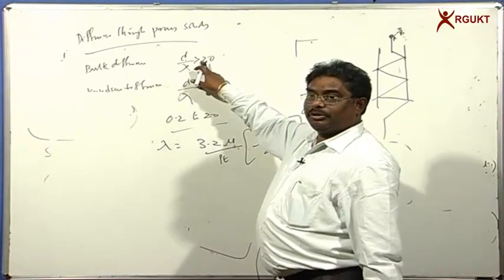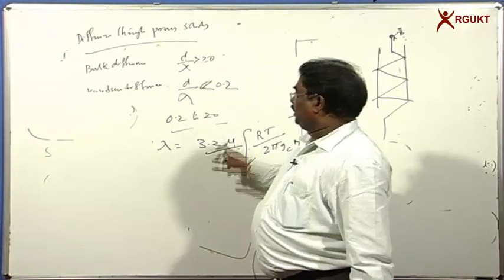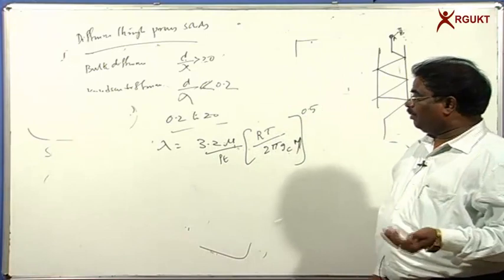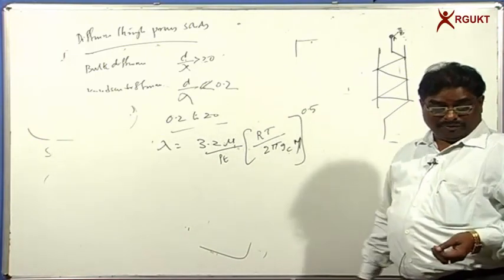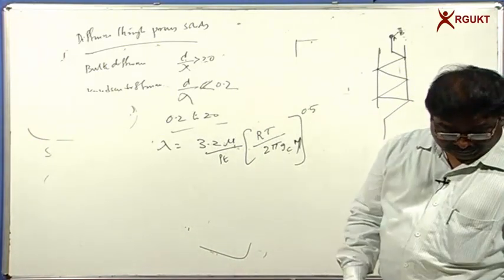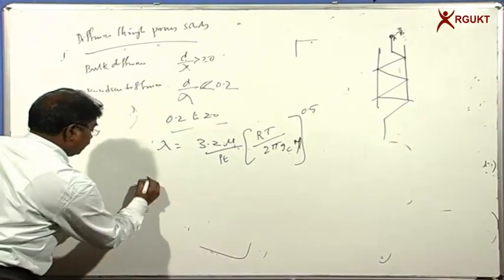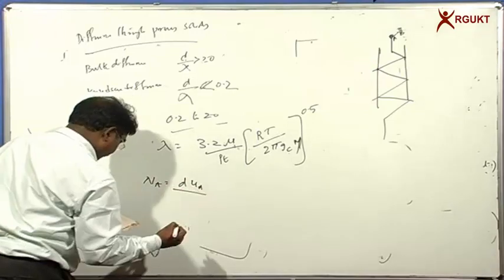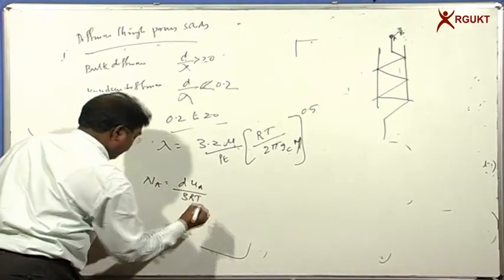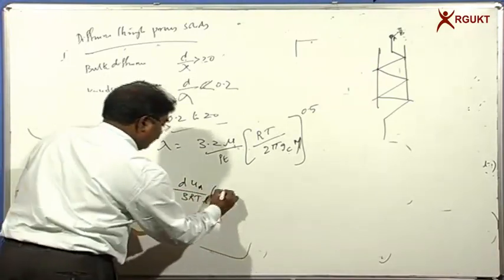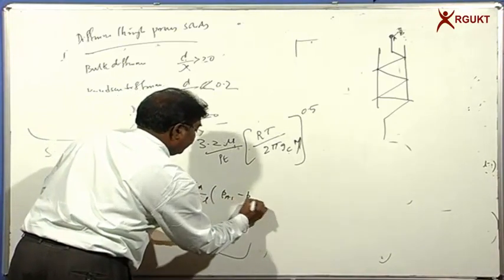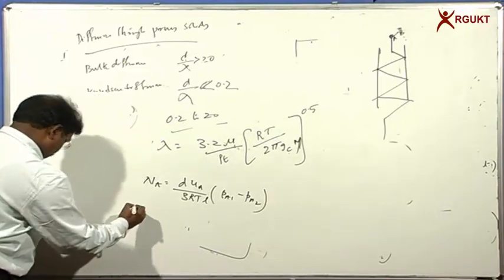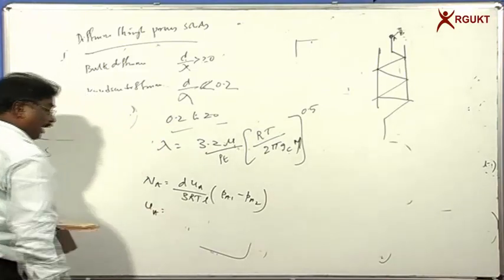If bulk diffusion is going to take place, we can use the previous equation. If Knudsen diffusion is going to take place, we have to formulate the expression for the calculation of the flux, which can be estimated as Na is equal to d into u by 3 RT L, into PA1 minus PA2, where UA is the molecular velocity.